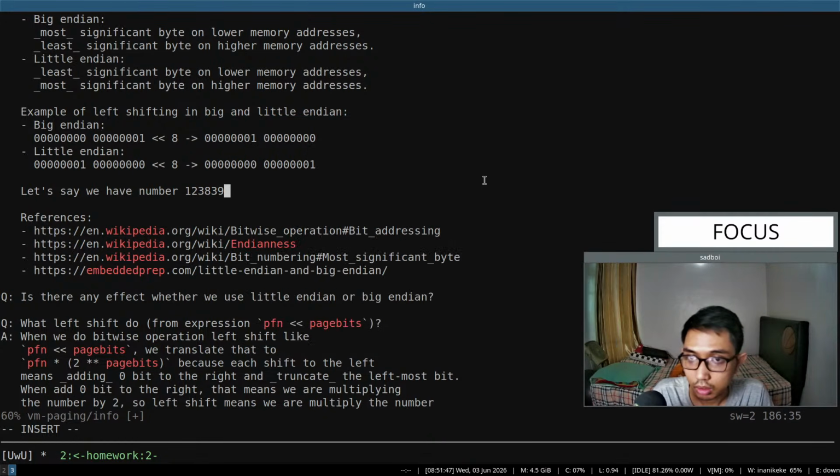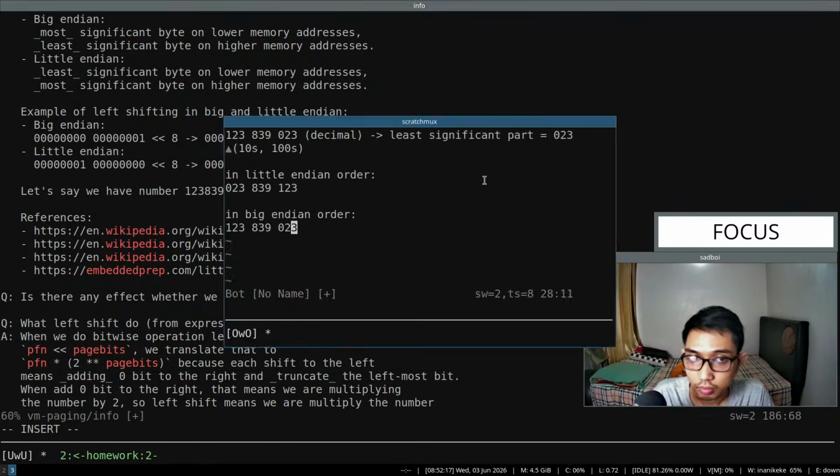Okay, 9023. Split that into two. Something like this.